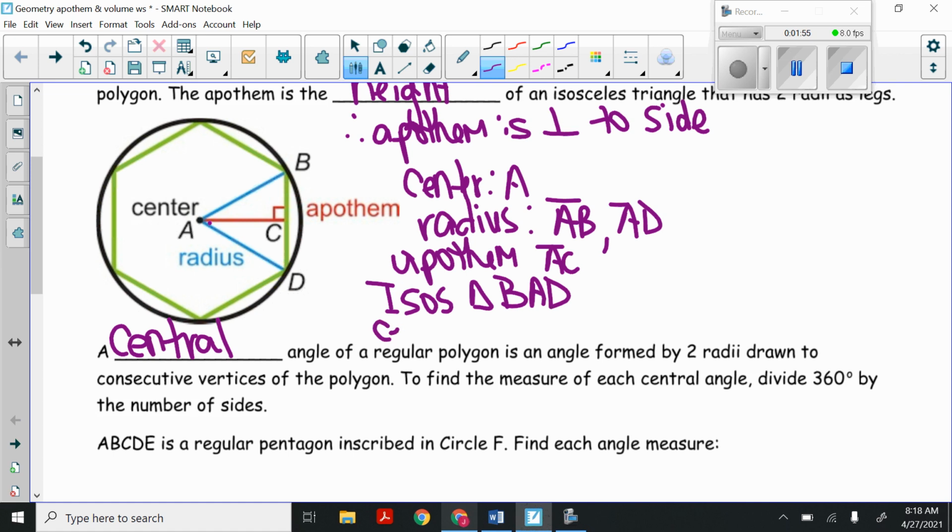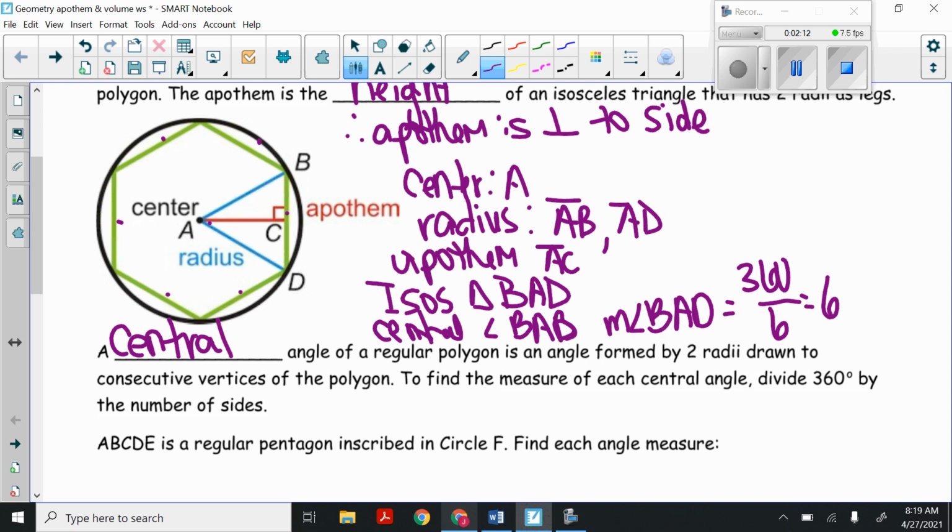We have our central angle, which is angle BAD. I want the measure of angle BAD. It's 360 divided by, here we have 1, 2, 3, 4, 5, 6, a hexagon, divided by 6 gets us 60 degrees.